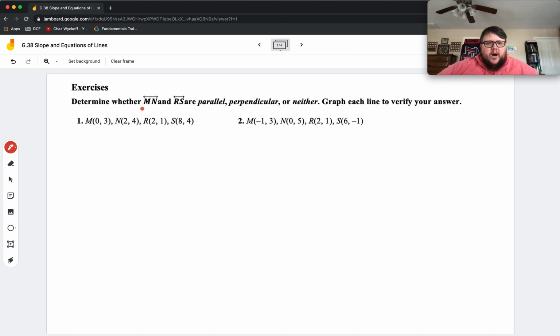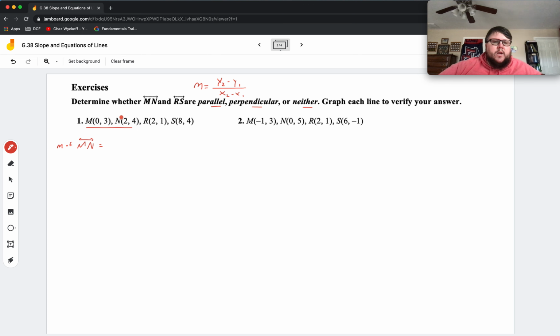So determine whether MN and RS are parallel, perpendicular, or neither. First thing I'm going to do is find my slope of MN. Remember, our equation is m equals y2 minus y1 over x2 minus x1.